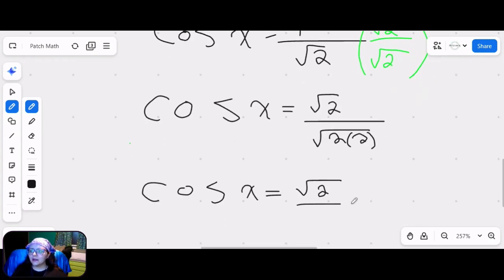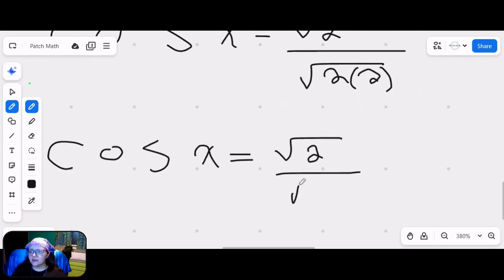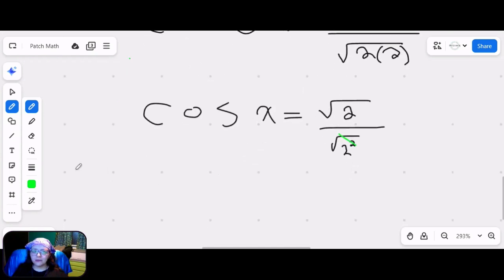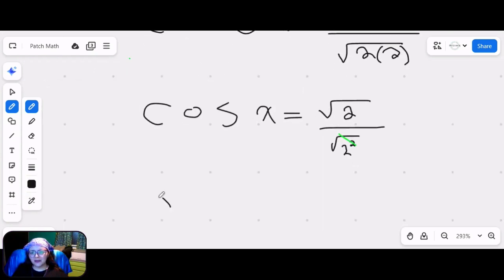Now our denominator, we have square root of something times itself. It's also the square root of 2 squared. Square roots cancel out squares, and that's why we made that choice there. We can also look at that as the square root of 4, and we also know the square root of 4 is 2. Moving on, cosine of x equals square root of 2 over 2.